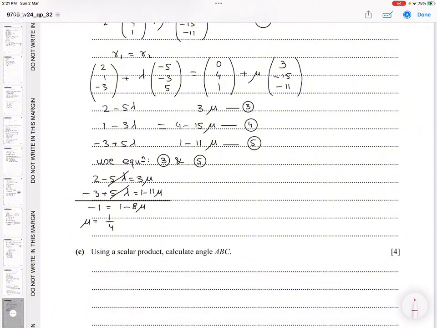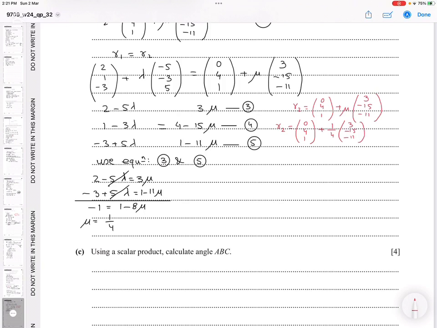Equation number 2, R2 equals 0, 4, 1 plus mu times 3, minus 15, minus 11. So you R2 equals 0, 4, 1 plus, put the value of mu 1 over 4, 3, minus 15, minus 11.